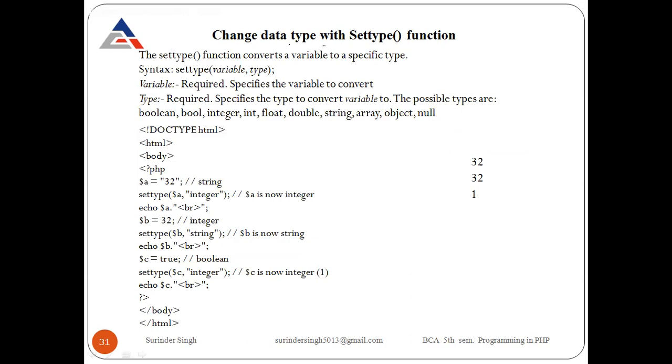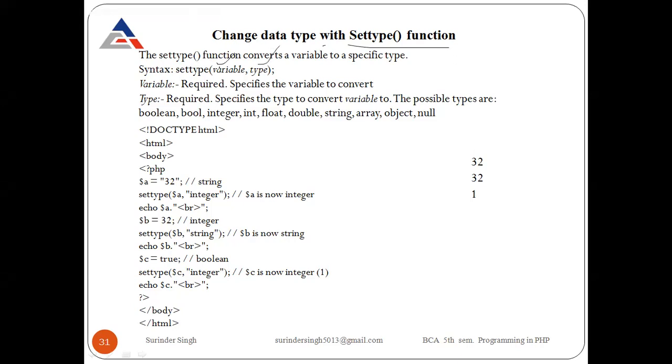Now we have a function, like you have a topic in your syllabus, change data type with settype. Settype is a function in PHP that is used to change the type of a variable. You can change the data type of a variable by using the settype function. Settype has two arguments.